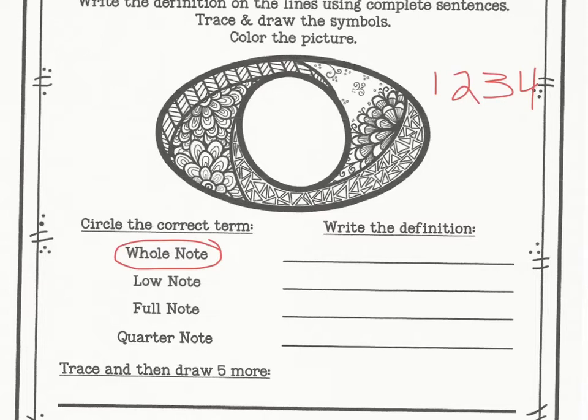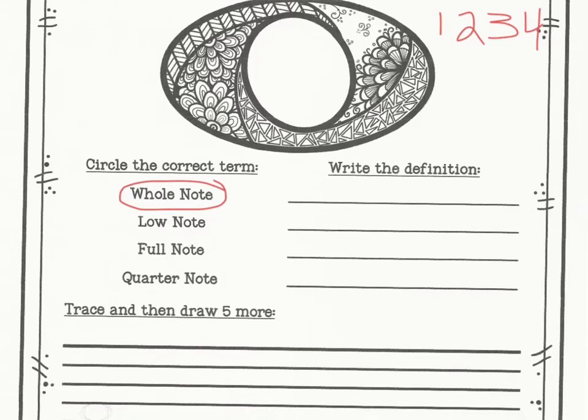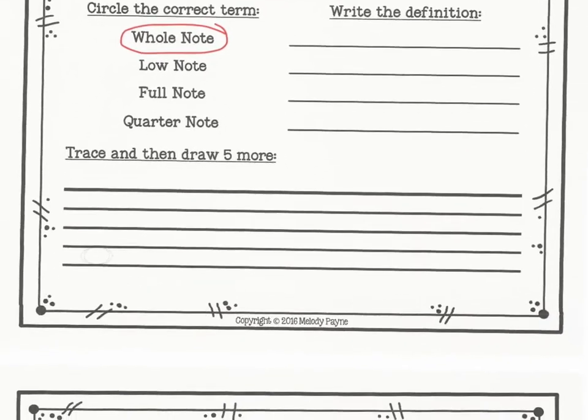So for this definition, it's 4 beats or 4 counts. Then again, you're going to trace it and draw it 5 more times.